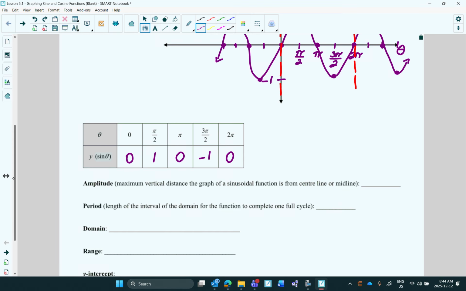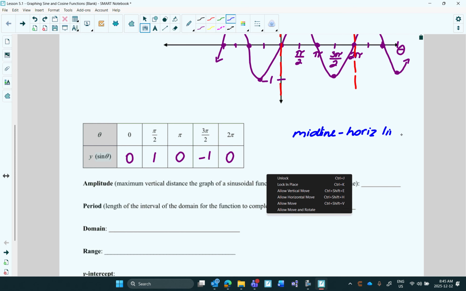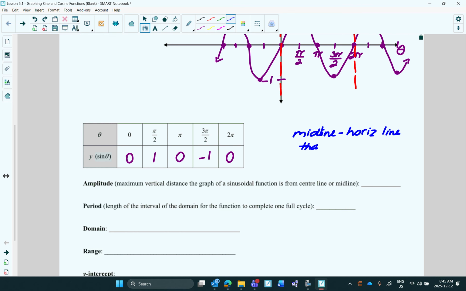Before we do the amplitude, we have to know where the midline is of a sinusoidal function. The midline is the horizontal line that cuts the function in half.